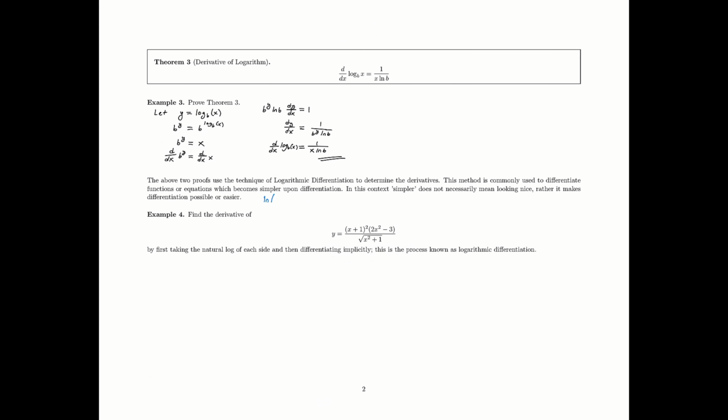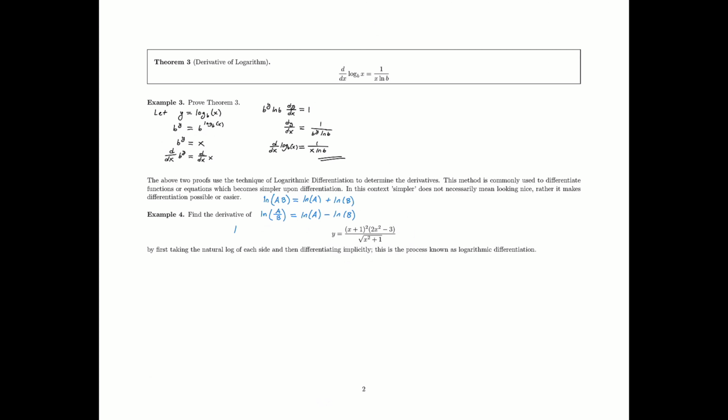So property 1: the natural log of 2 things multiplied together, call them a and b, and this a and b can be anything, functions or many other things, is the natural log of the one plus the natural log of the other. The natural log of a divided by b is the natural log of a minus the natural log of b.